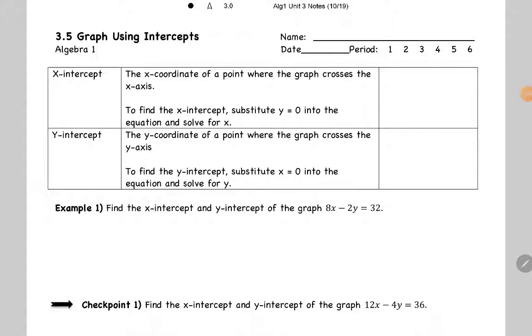We'll be graphing using intercepts. So let's first talk about the x-intercept. The x-intercept is the x-coordinate of a point where the graph crosses the x-axis. So our graph here crosses the x-axis at this point here, and we call that point a, 0.